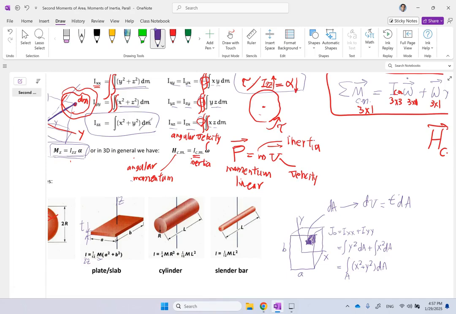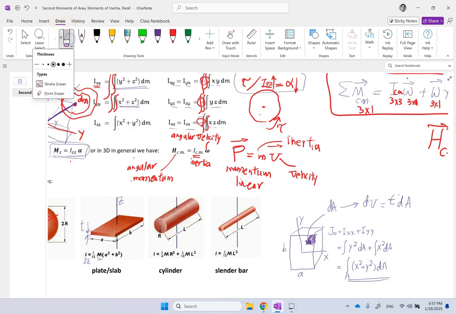So here I can write this as T dA. And if T is constant and I can bring it out, this is going to be T times the integral of x squared plus y squared dA, which is exactly, guess what? It's this one. So what can I say? You're right.